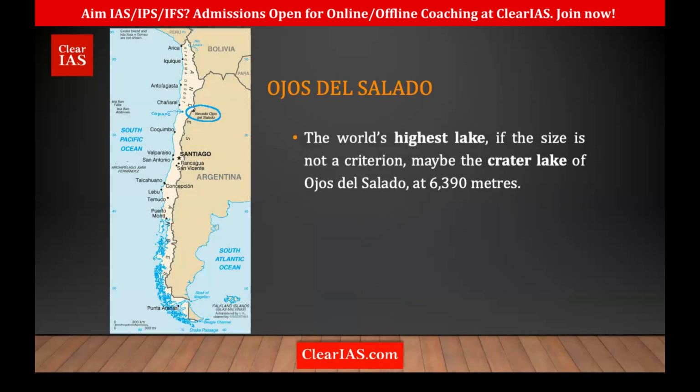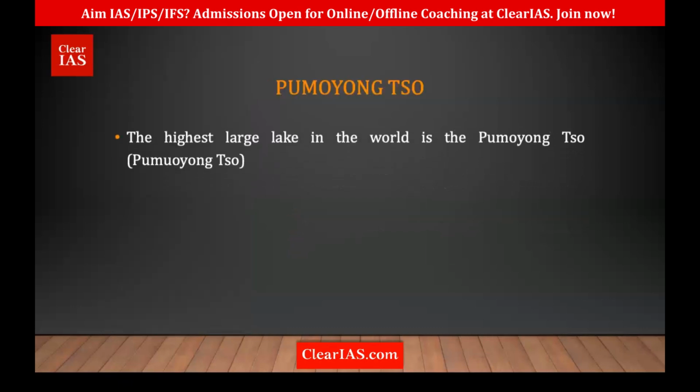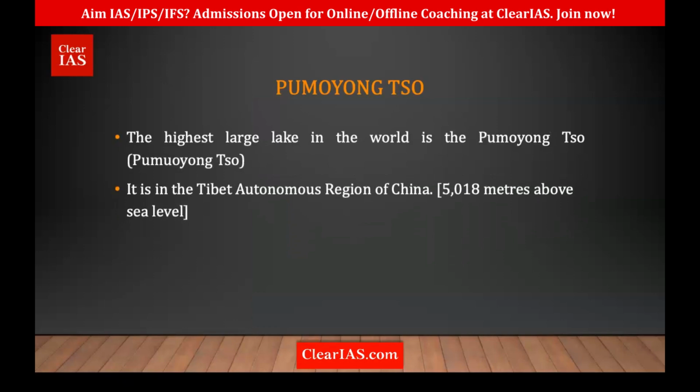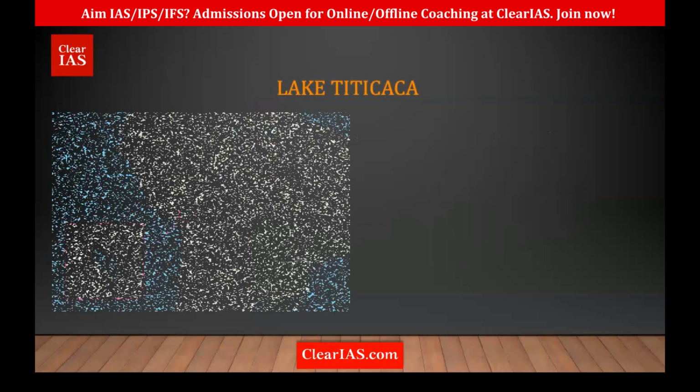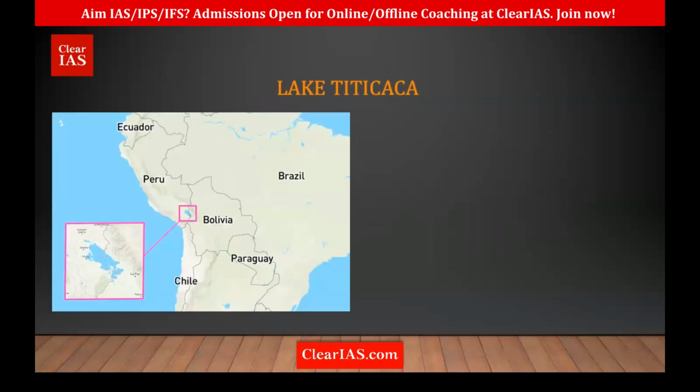Ojos del Salado is the highest lake if you're not considering the size, and it is in the Andes ranges of Chile. Pomyangso is in the Tibet Autonomous Region of China. Then Lake Titicaca. Where is it? It's between Peru and Bolivia.